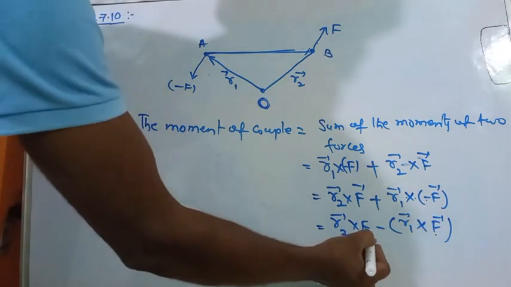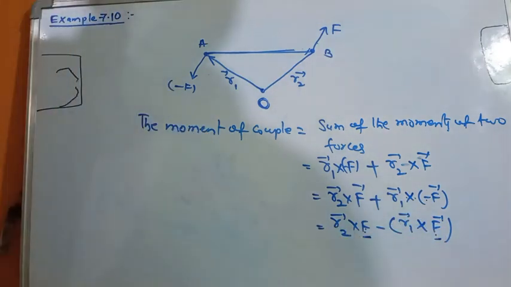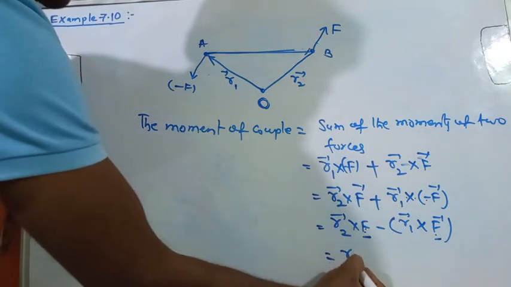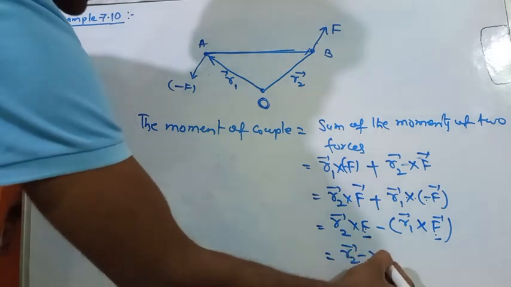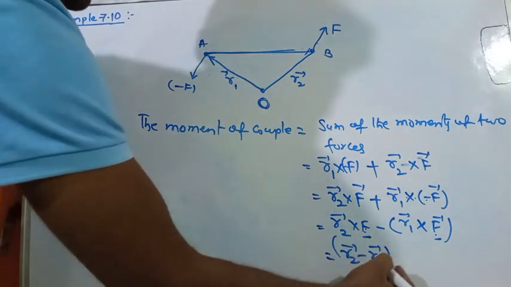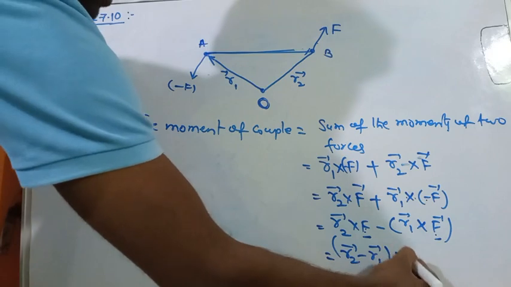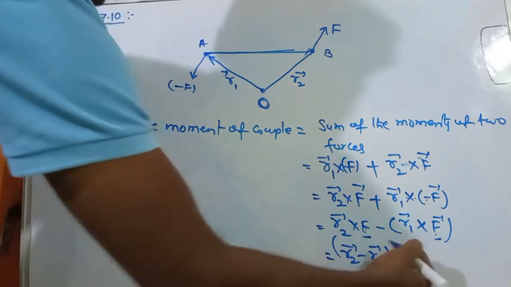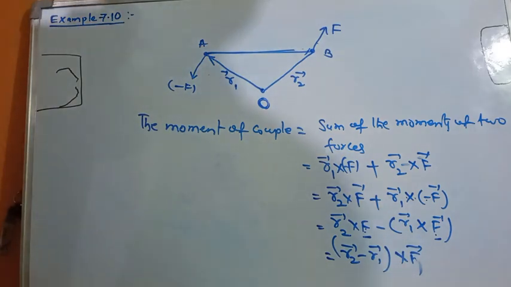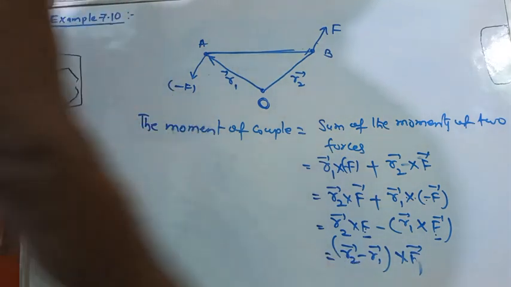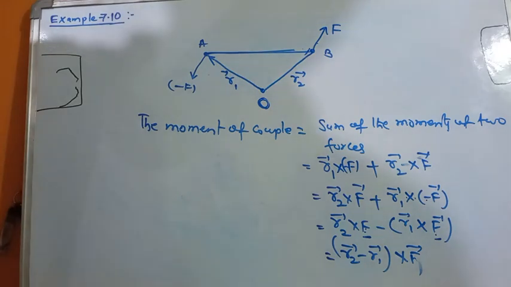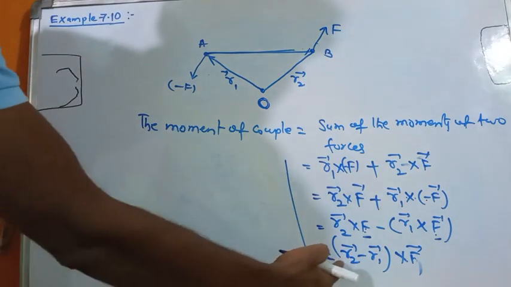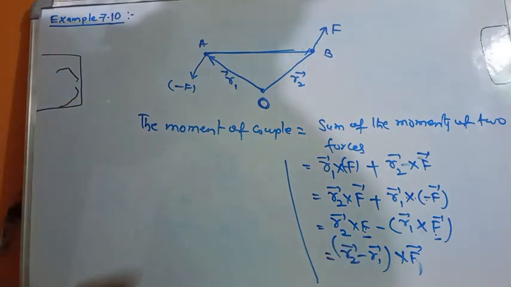So F and F is taken common, so this is R2 vector minus R1 vector cross F vector, like our distributive law in vector subtraction. So after this we can write R2 minus R1.